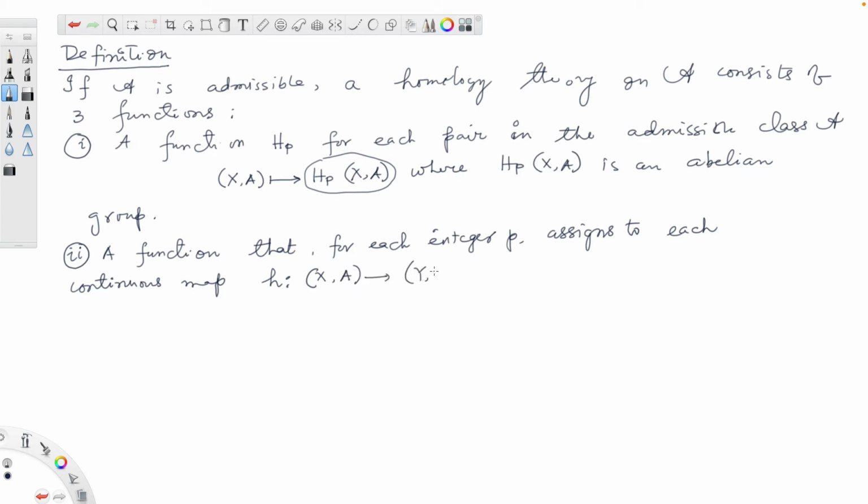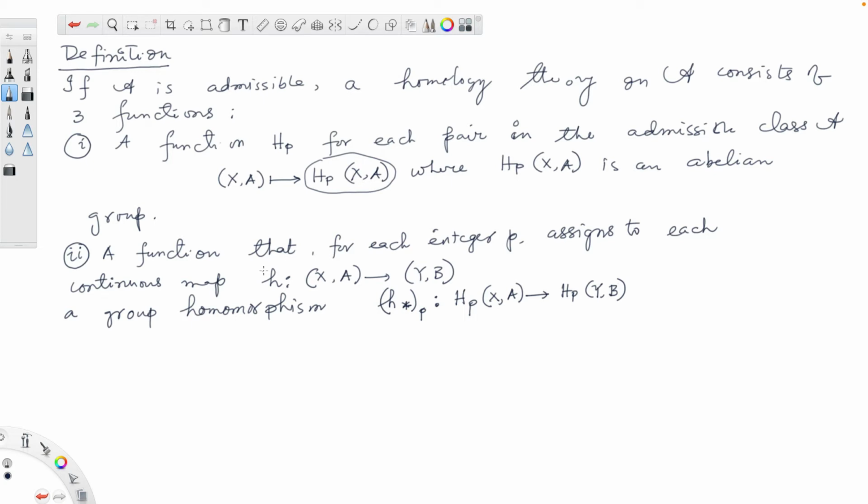XA to YB, a group homomorphism, which we denote by H star at P, is a group homomorphism between these two groups, HP of X comma A to HP of Y comma B. Okay, right?